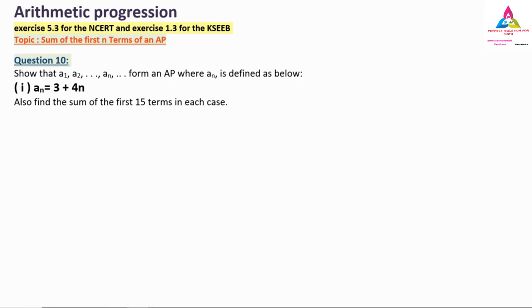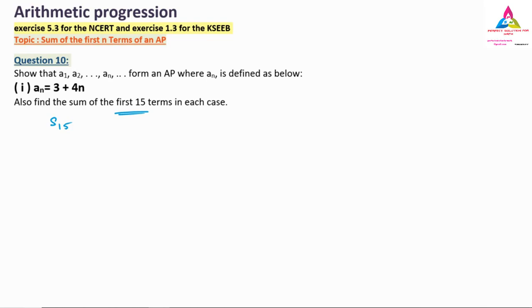Now your work is to find An, that is the first term, second term, third term, like this till An terms you have to find. And the next thing they have told you to find is the sum of the first 15 terms, that is S15.